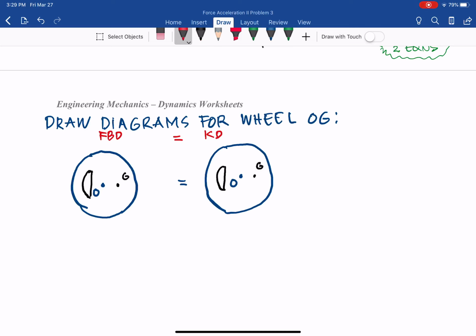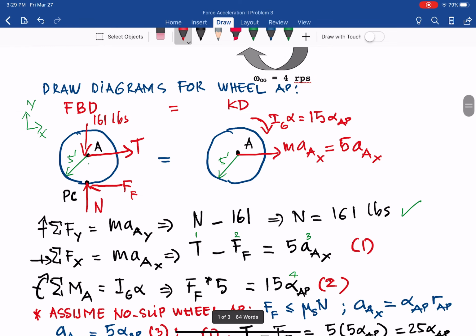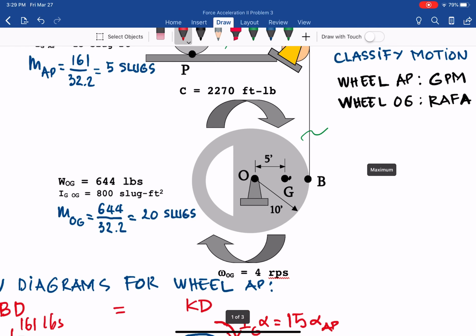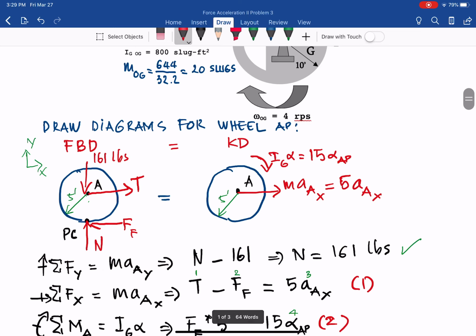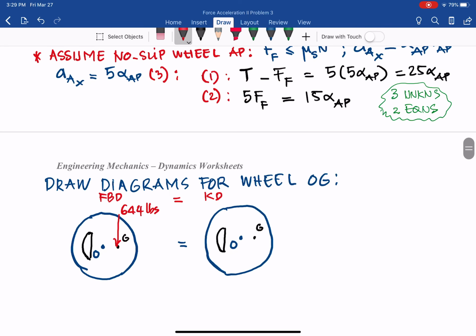this unbalanced wheel. So let's write down the weight. Keep in mind it is at the center of mass, not at O, because this is unbalanced. So that will be 644 pounds. It's given. And the tension in the cable is, as you can see, hooked to B, and it is vertical. So you have that tension vertical there, point B here, and the tension of the cable goes up.